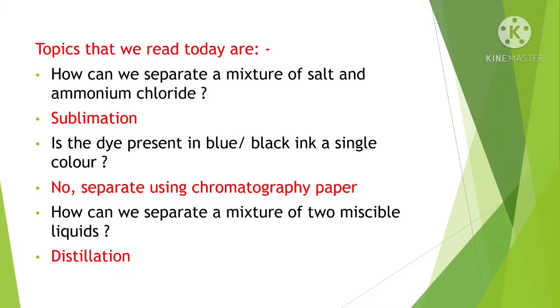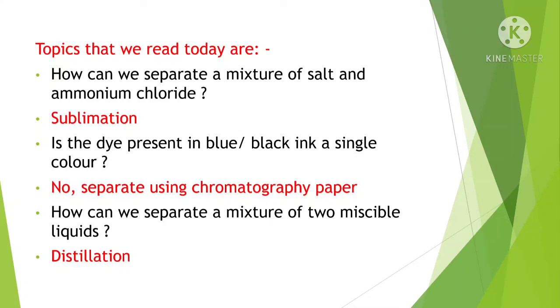The next topic was, how can we separate a mixture of two miscible liquids? Two miscible liquids can be separated by using distillation. In this method, we pour the mixture of two miscible liquids into the distillation flask and then we heat them. On the basis of the difference in their boiling points, the two miscible liquids present in the mixture get separated.